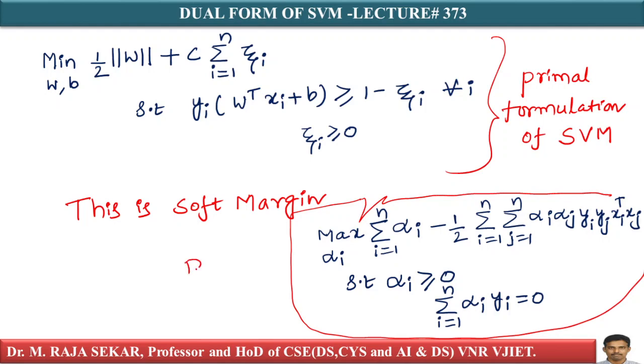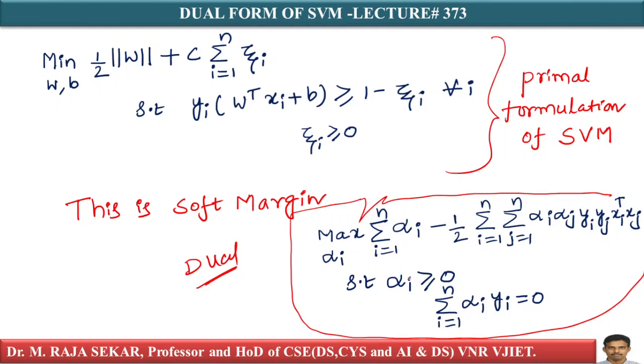Maximize over alpha, sigma i equal to 1 to n alpha i minus 1 by 2 into sigma i equal to 1 to n, sigma j equal to 1 to n, alpha i into alpha j yi into yj xi transpose into xj, such that alpha i is greater than or equal to 0.